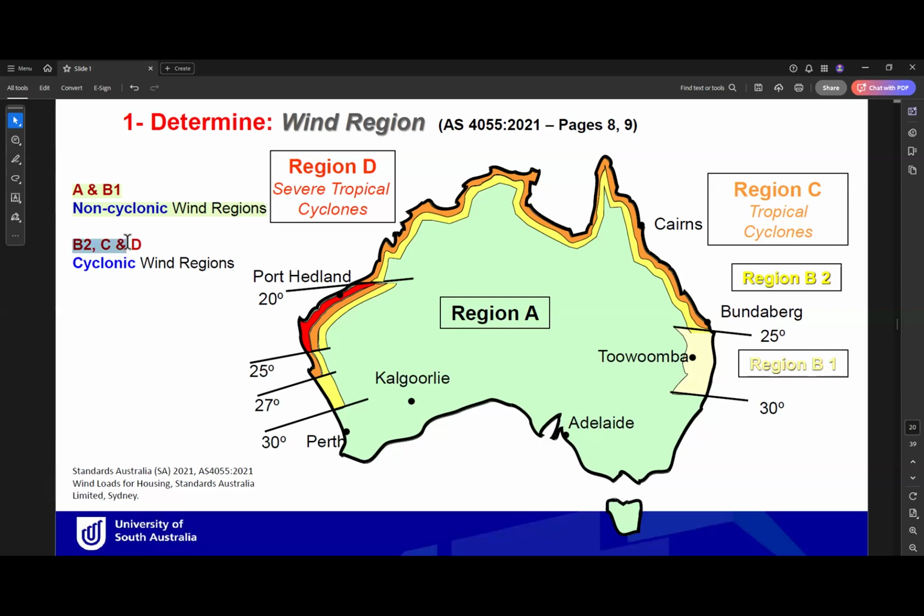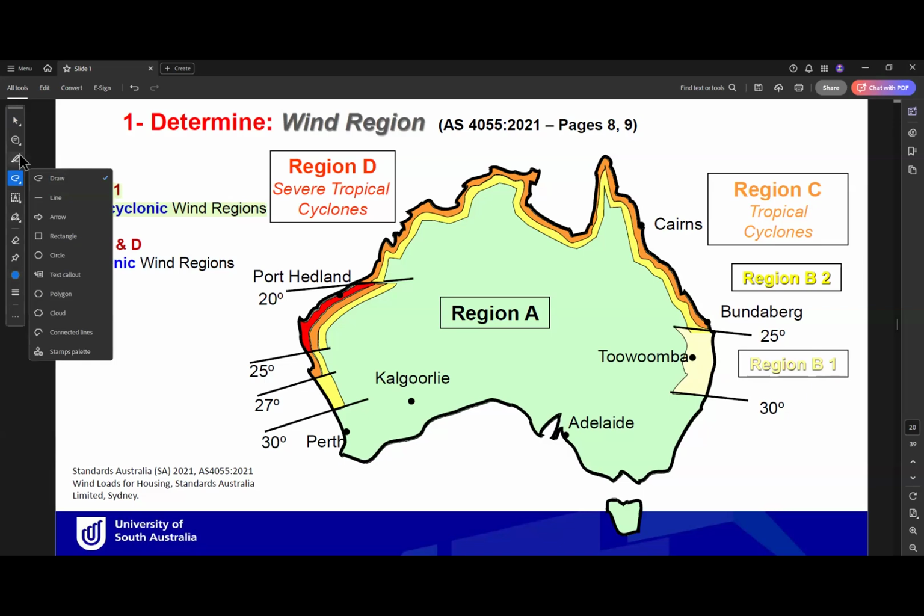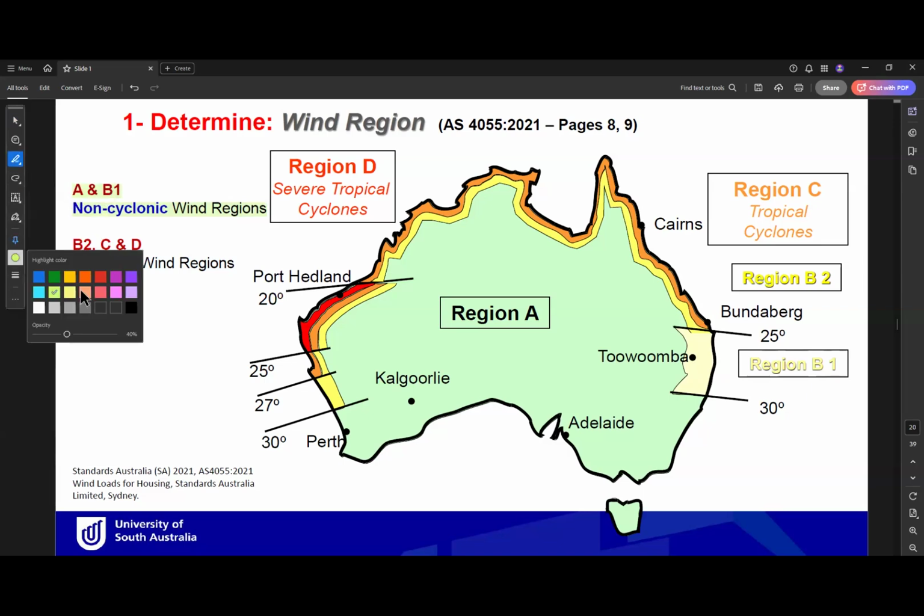But B2, C, and D are considered cyclonic wind regions. So we have cyclonic and non-cyclonic wind regions. A and B1 are non-cyclonic, B2, C and D are cyclonic.